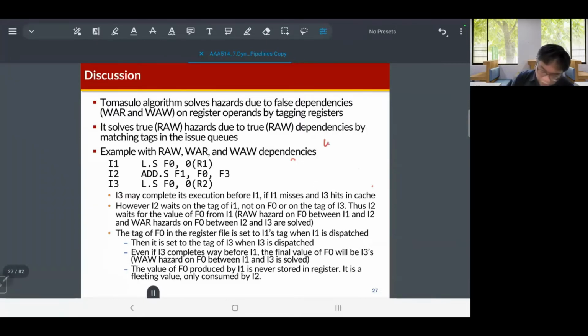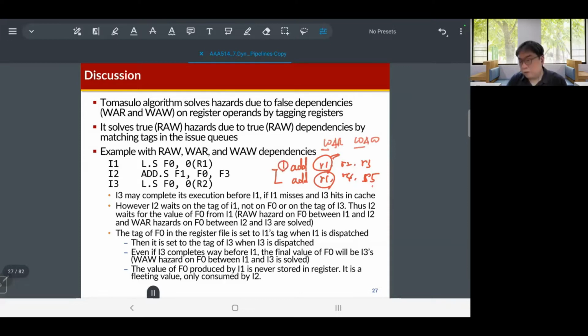If you look at the WAR hazard or the WAW hazard, it is related to the write operation. For example: add r1, r2, r3; add r1, r4, r5. You can find that r1 is the same, but the data for r1 from the first add instruction is different from the data of r1 from the second add instruction.